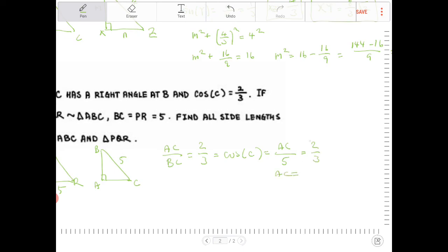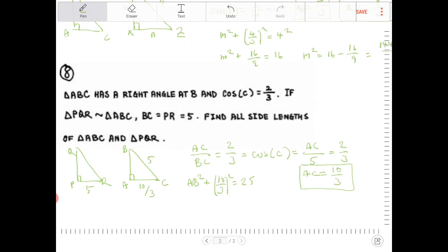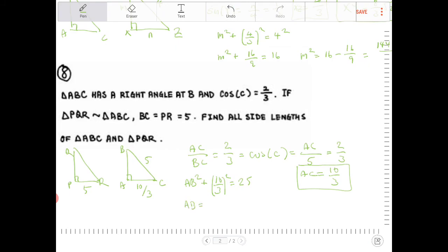So AC is equal to 10/3. If AC is 10/3, we can then solve for AB. AB squared plus 10/3 squared is equal to 25. AB is equal to the square root of 25 minus 100 over 9, right?